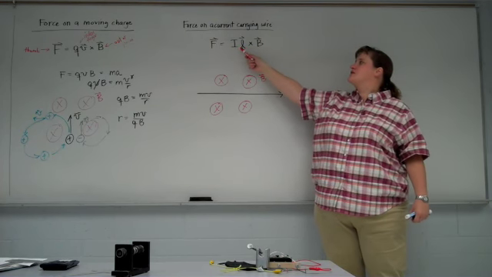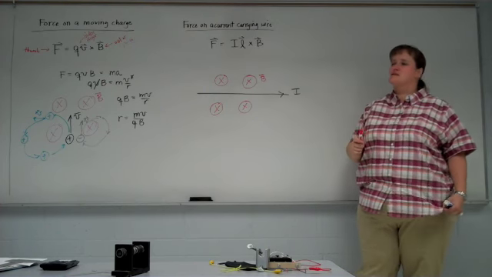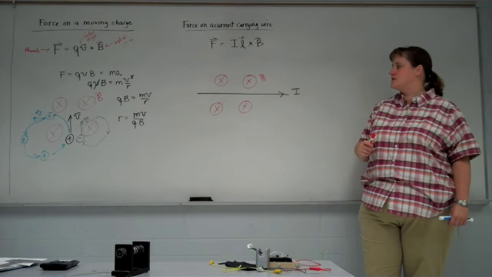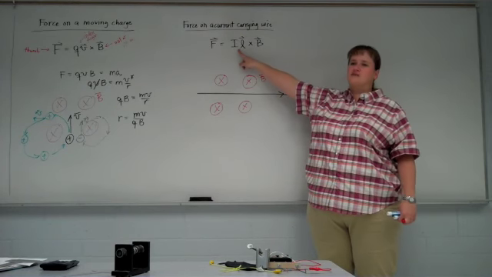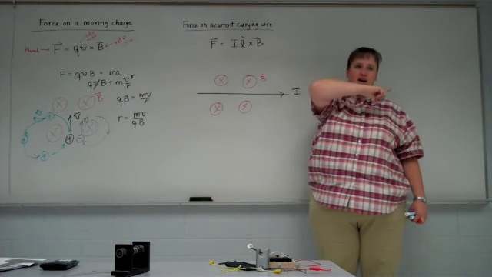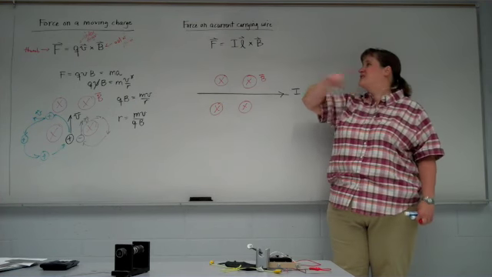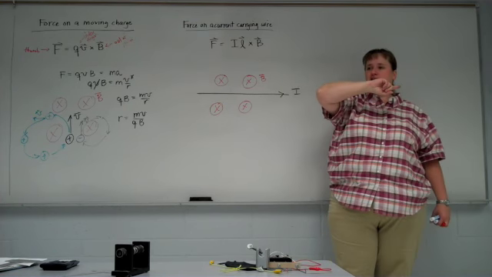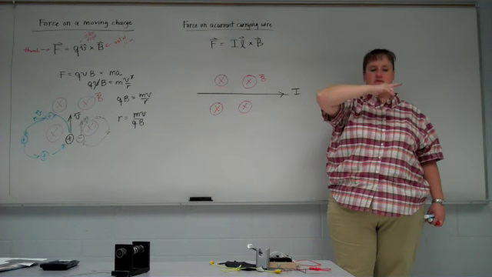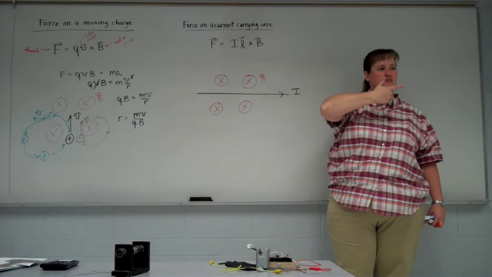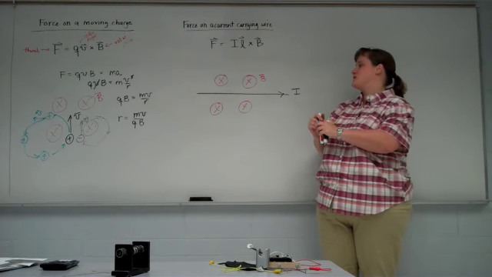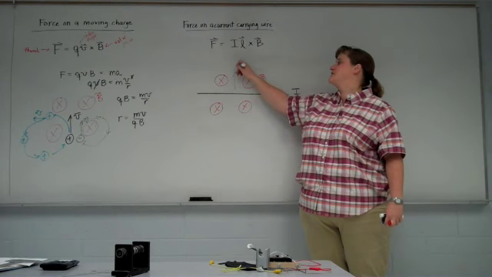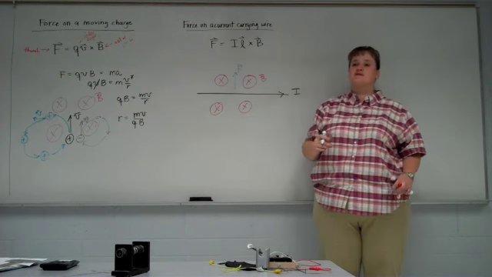So the direction of the current must be perpendicular to the magnetic field in order to feel a force. And right hand rule again. We put our index finger in the direction of the first vector, so I. We twist our wrist until the second vector points out of our palm. Well, our magnetic field's into the board again. So my thumb is pointing upwards. So the force on this wire in this magnetic field would be upwards.